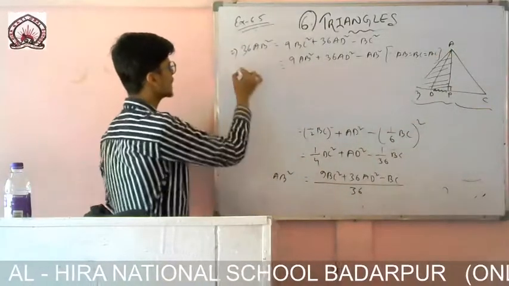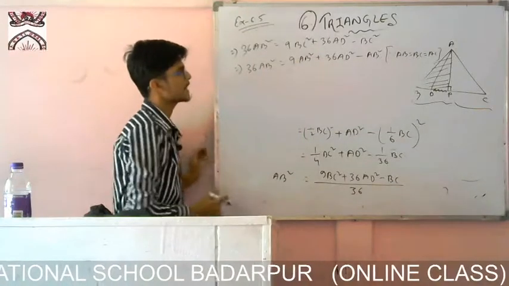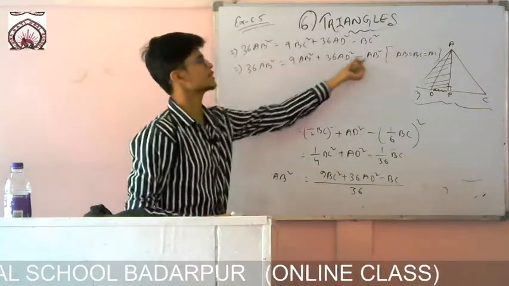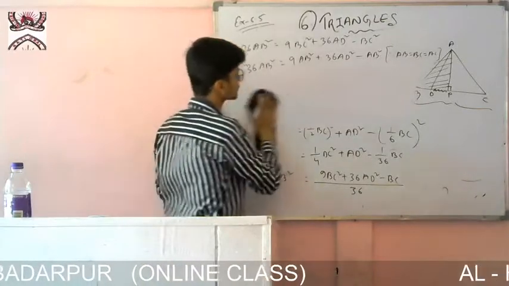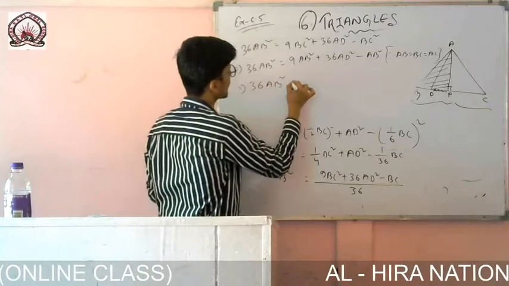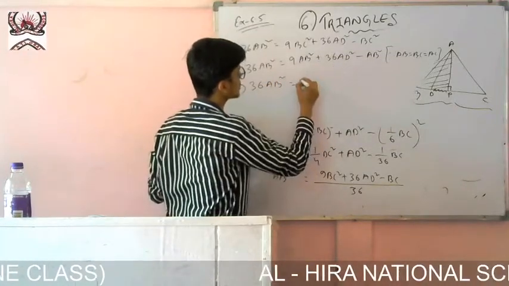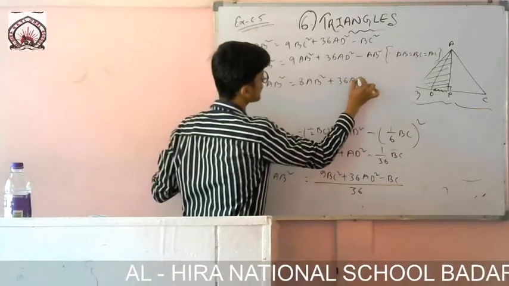Okay, so what I have done is, in place of BC I have written AB. So now they are also AB, and here also AB. So I can solve them. So you see here 36 AB square, and there it came 9 AB square minus AB square, it is 8 AB square plus 36 AD square.